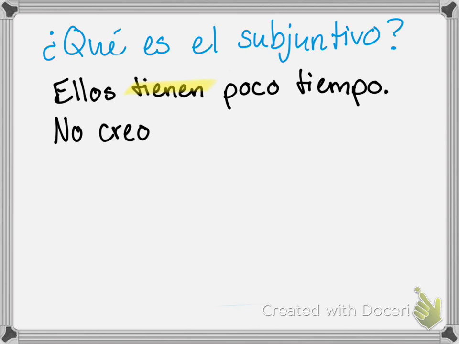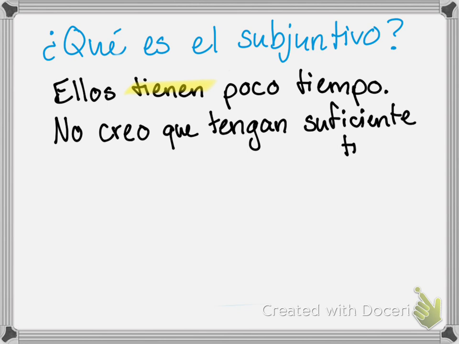I'm doubting their time. No creo que tengan suficiente tiempo. I don't think that they have enough time. Tengan. So tienen became tengan, which is a little bit more of a change. But if you focus on this end, you'll notice that the E still became an A. See, tienen to tengan.